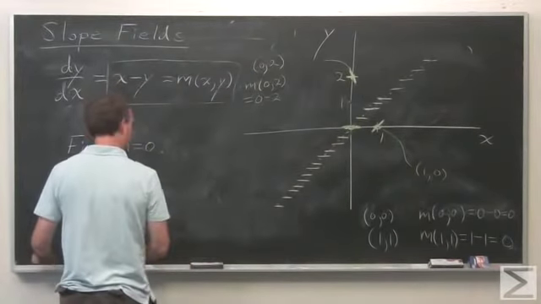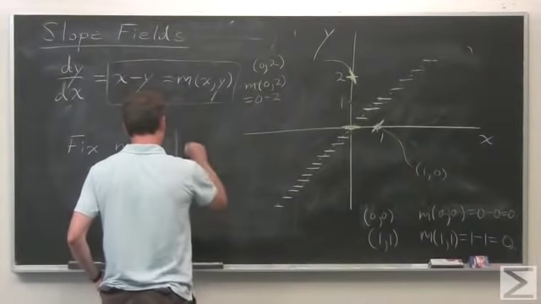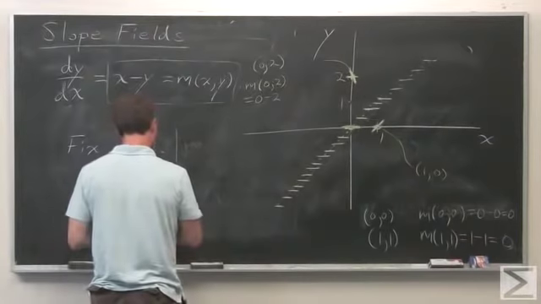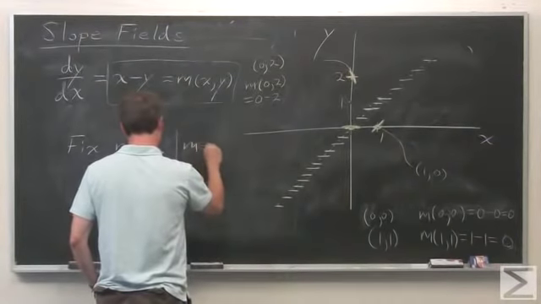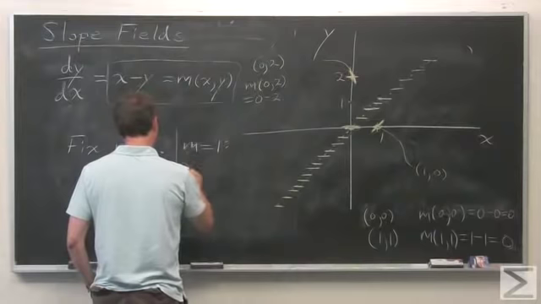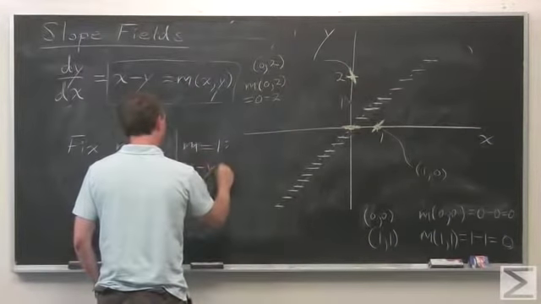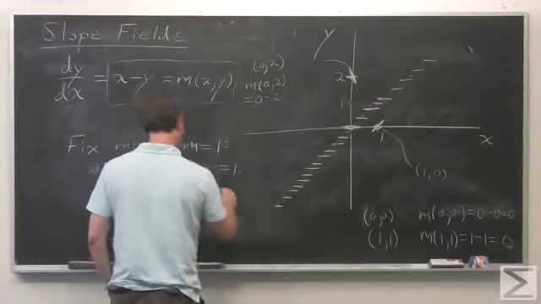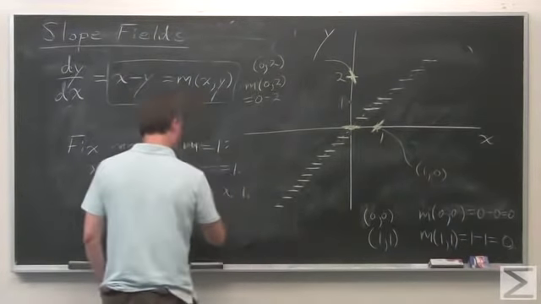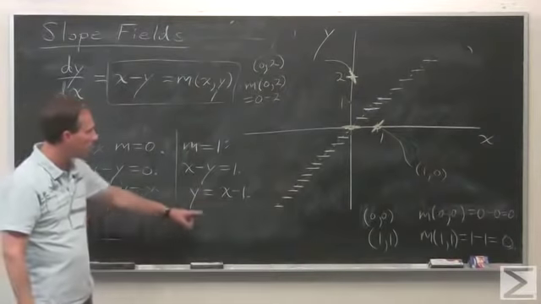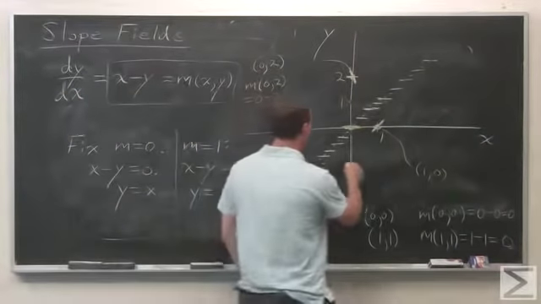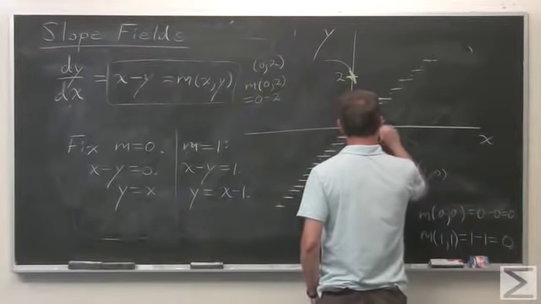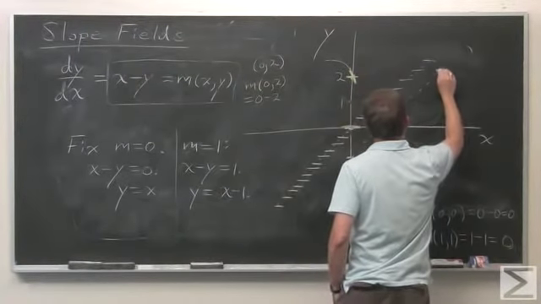You can fix m equals 1. And then you would have x minus y equals 1. That's the same as y equals x minus 1. This is a line with slope 1 and y-intercept minus 1. So it's this line.